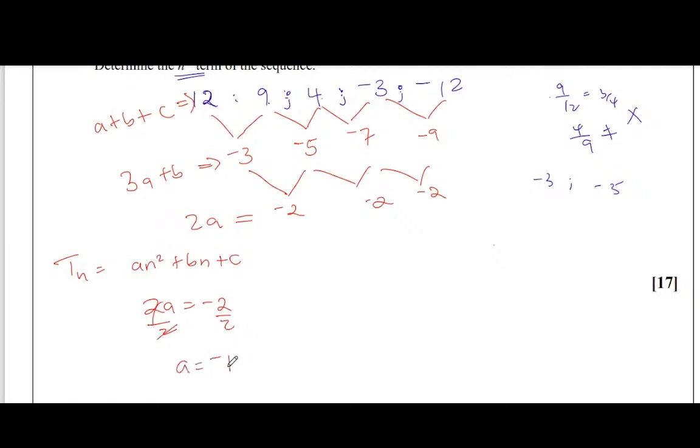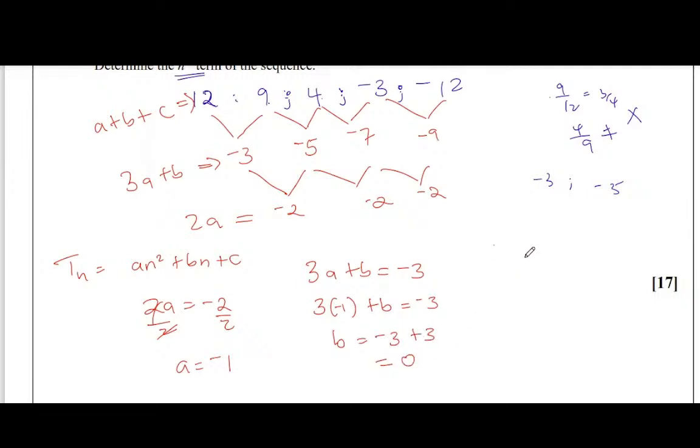I'll get this -1 and then substitute it into that second part. So 3a plus b, we said, equates to the first term of the first difference. Now if our a is -1, that's 3 times -1 plus b is equal to -3. I move the -3 to that side, so it's -3 plus 3, which is 0.